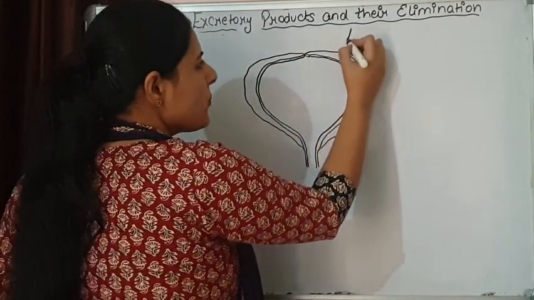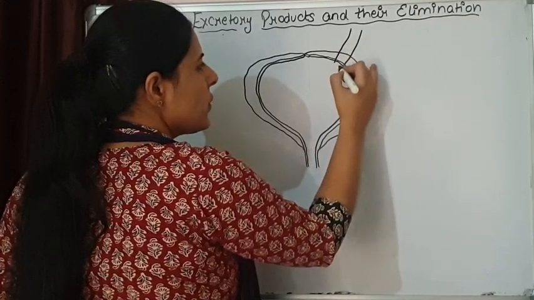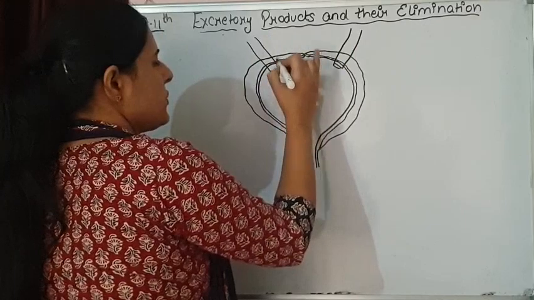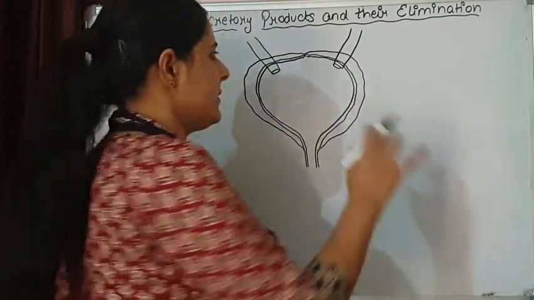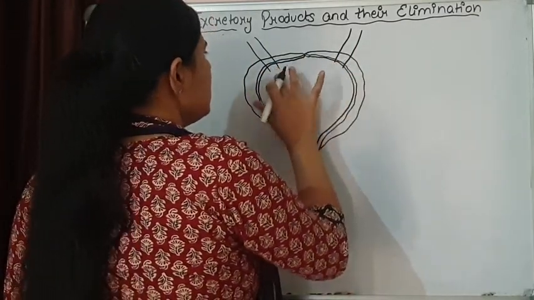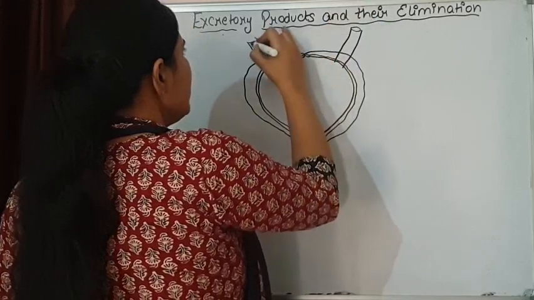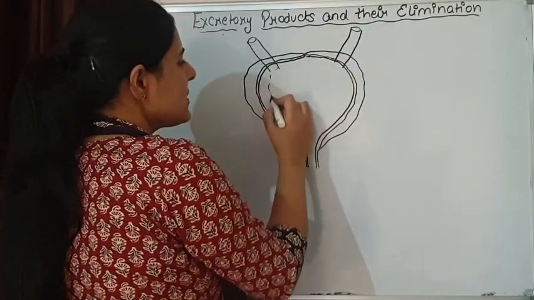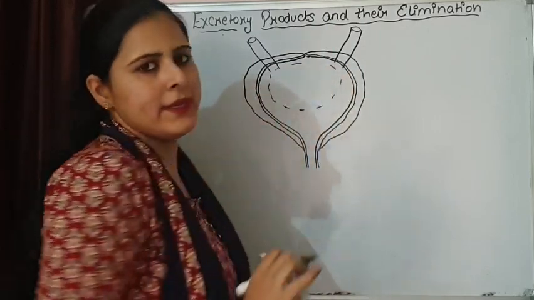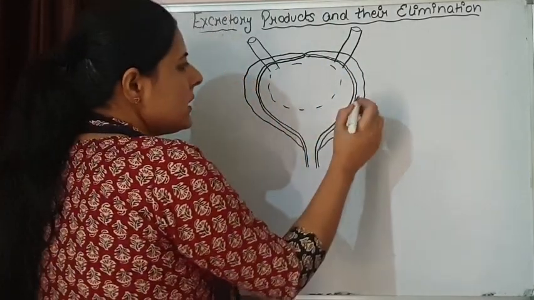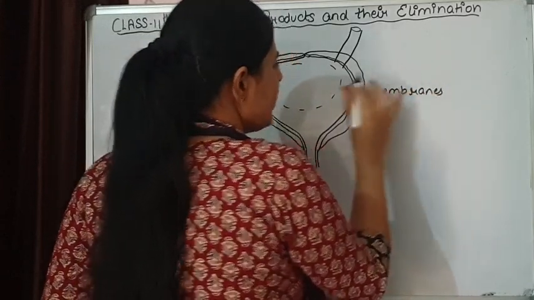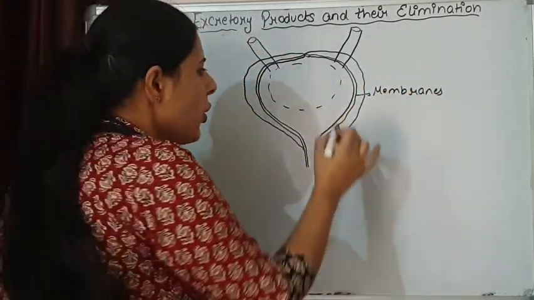Now on the top, from this side, the ureter is going to enter into the urinary bladder. Let me show this opening in this side. From here, the ureter is coming downwards at a particular angle. So this is the urinary bladder. These are the membranes of urinary bladder.